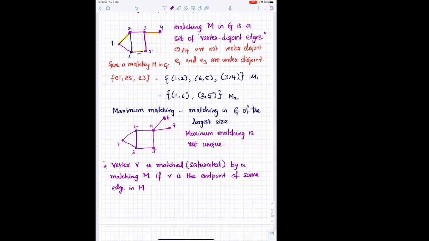So this is what you mean by a vertex being matched, or sometimes saturated.